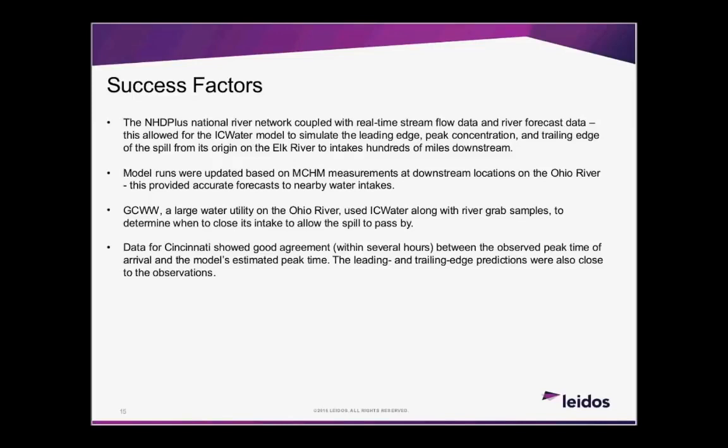Having measurements along the way were useful for updating the model forecasts and for making comparisons with what was being predicted. And what we were finding with respect to travel time, very, very good agreement with the peak concentrations, and at some of the intermediate stations like Huntington, very, very good agreement with the peak concentrations, and a little bit of, we were underestimating at Cincinnati.